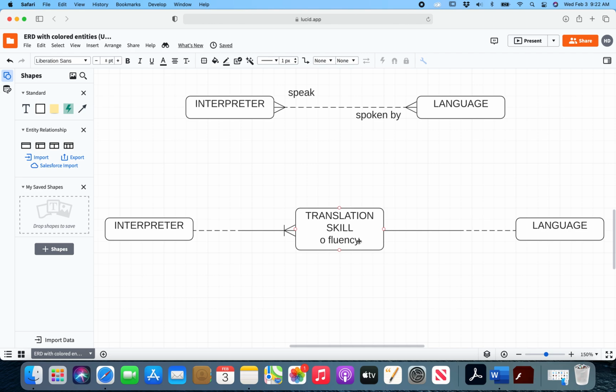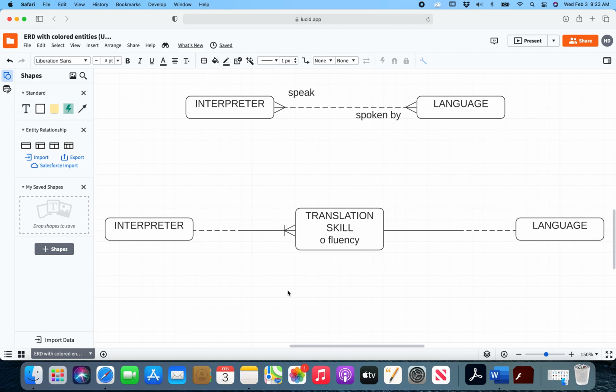So we're going to have, for each translation skill, there must be one and only one language, because this interpreter is not going to have the same skill level in every language, and you're not going to have multiple skill levels in the same language, most likely. So this is going to be a one and only one on this side.